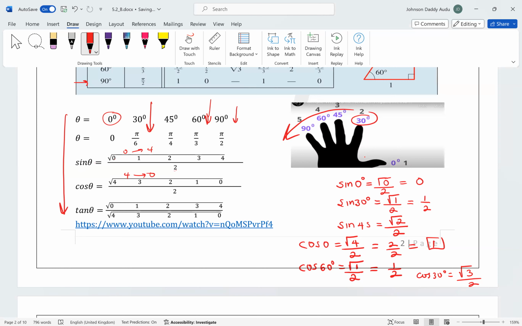Because the two will cancel in the denominator, right? So for example, if you need tan 30, we're here. So it means you have square root of 1 divided by root 3. So you have 1 over root of 3. If you need tan 45, it's just square root of 2 divided by square root of 2, which is going to give us 1.